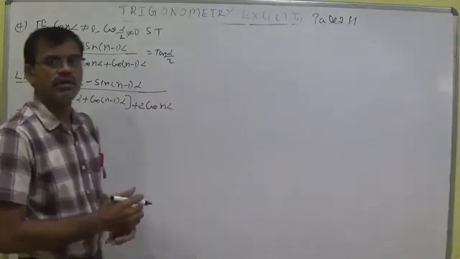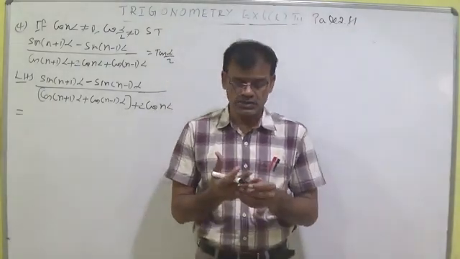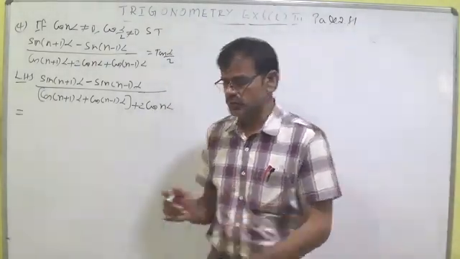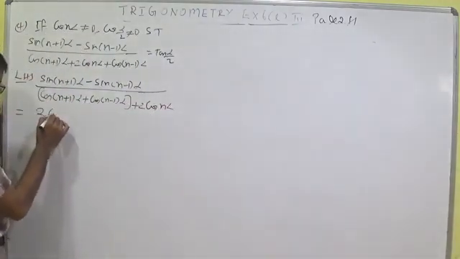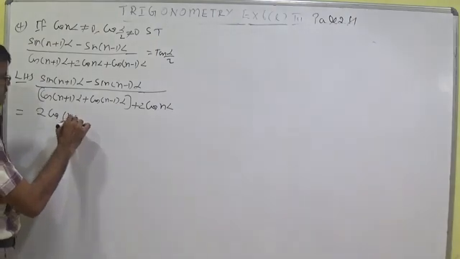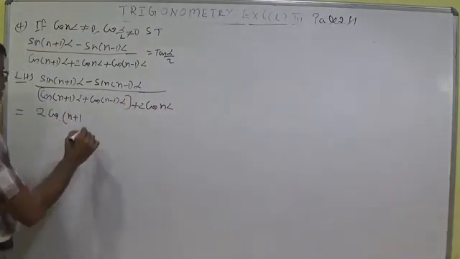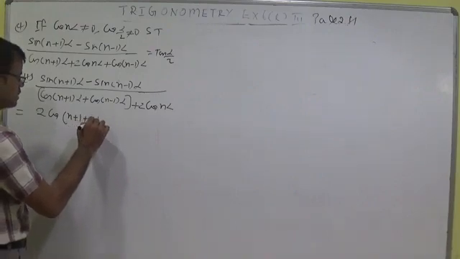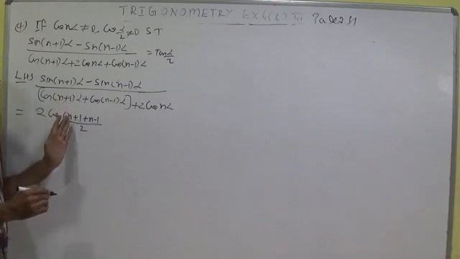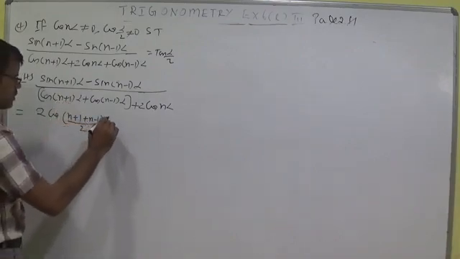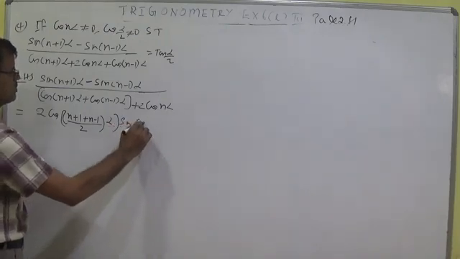Apply here the sin C minus sin D formula. Sin C minus sin D formula is 2 cos of (C plus D) by 2 into sin of (C minus D) by 2. Here 2 cos of (C plus D) by 2, meaning along with alpha taken common, I am writing (n plus 1 plus n minus 1) whole by 2, into sin of (C minus D) by 2.